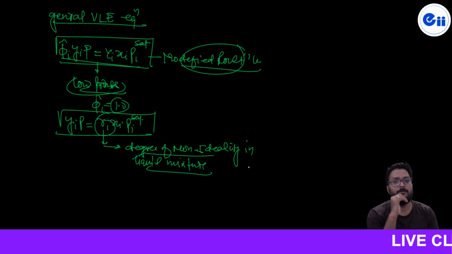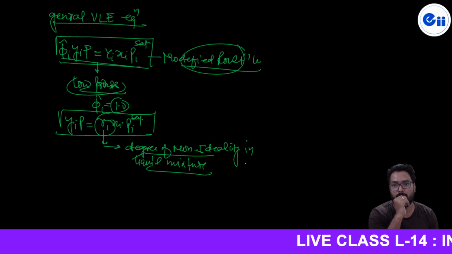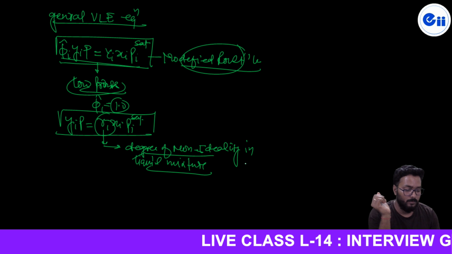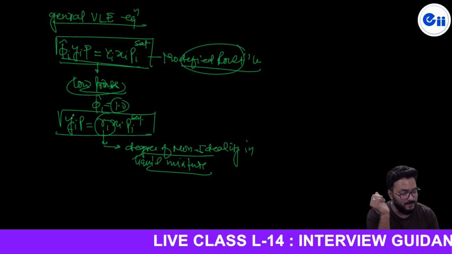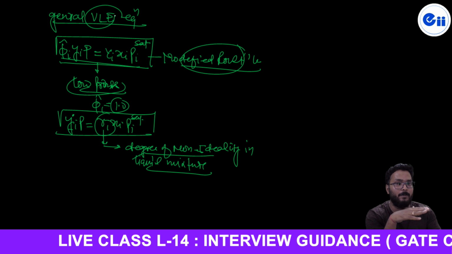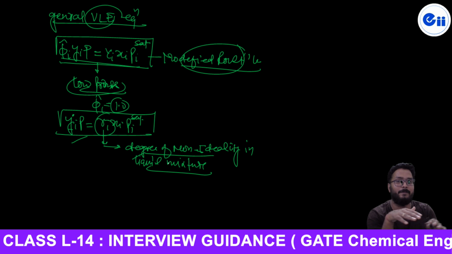It is called activity coefficient, and activity coefficient, my dear student, is a function of liquid phase composition and temperature obviously. yi and xi are called the equilibrium relationship, and the main purpose of this equation, the VLE vapor liquid equilibrium equation, is to establish the equilibrium relationship between the vapor and liquid.